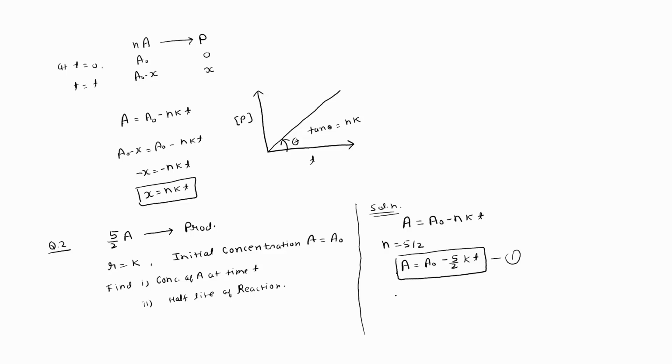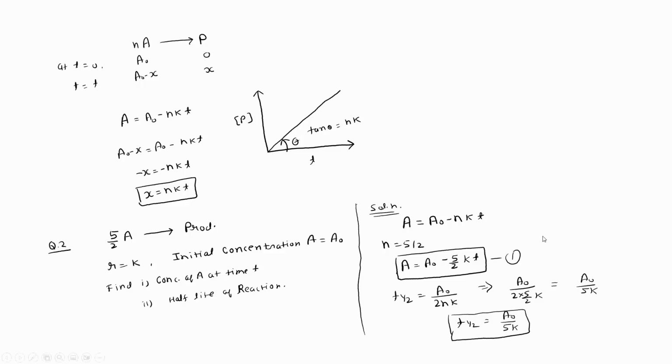And t half, what is the general equation for t half? A naught by 2nk, n is 5 by 2, so A naught by 2 into 5 by 2 k, so A naught by 5k. So t half is equal to A naught by 5k. How simple it is.